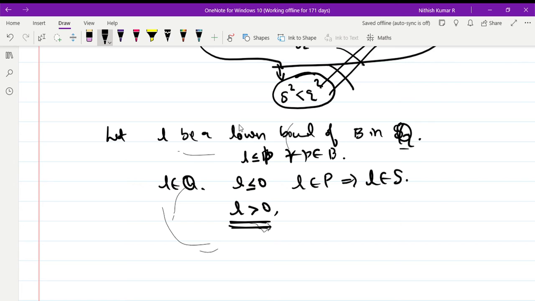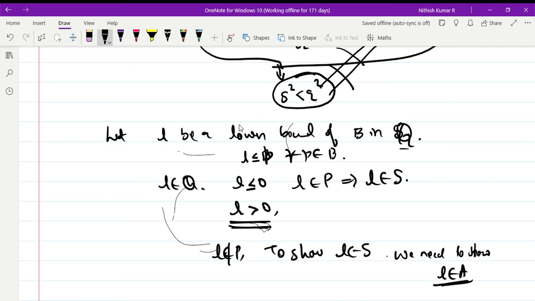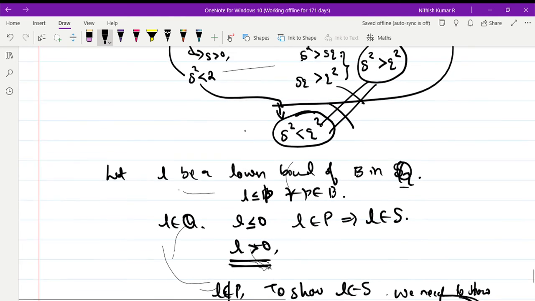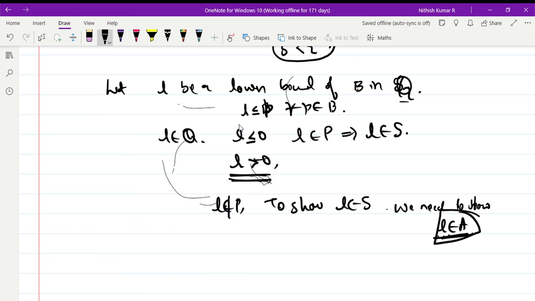Since L is greater than 0, L is not in P. Therefore we need to show L belongs to A. Now to show L belongs to A, L must be greater than 0 and L square must be less than 2. We need to show L square is less than 2.